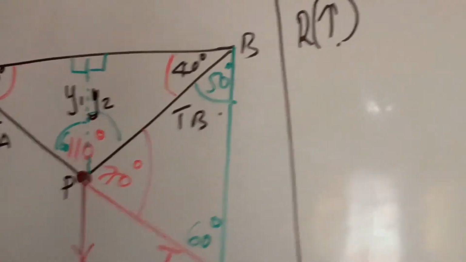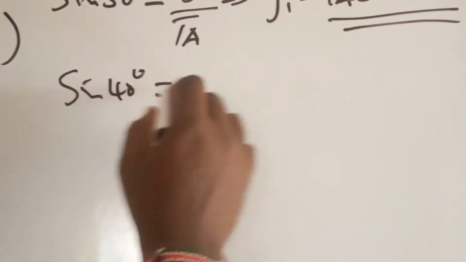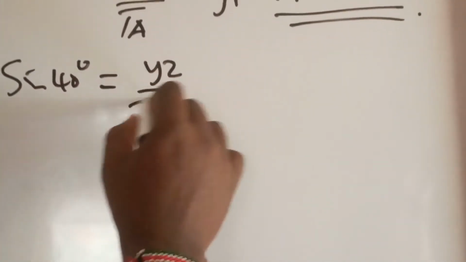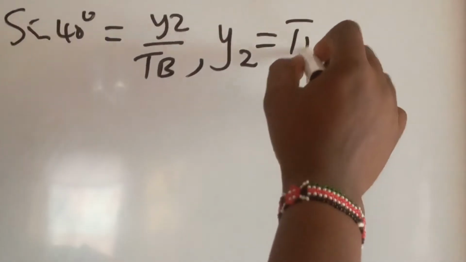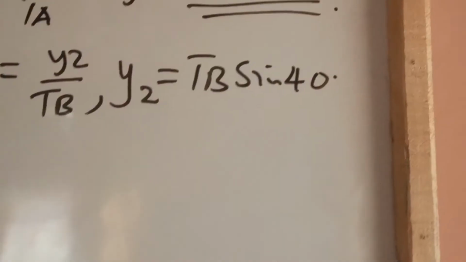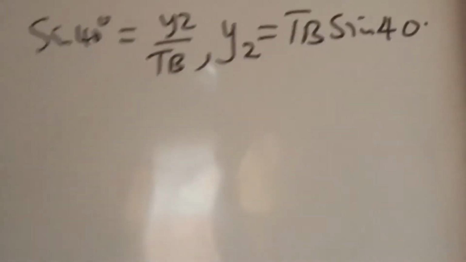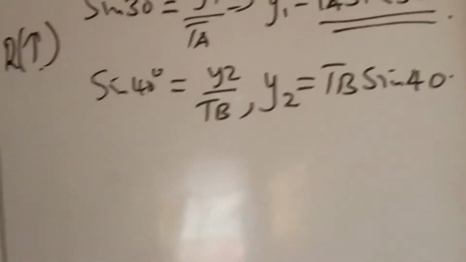And we can talk about the sine of 40 degrees, which is Y2 over the tension of B. With this, Y2 is equal to the tension of B multiplied by the sine of 40. That is the total upward force, which must balance with the total downward force.